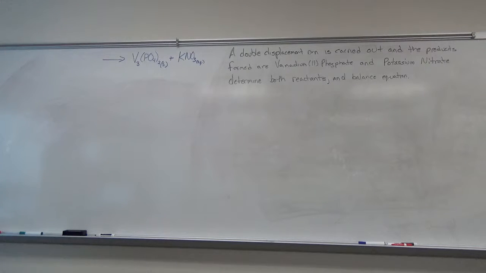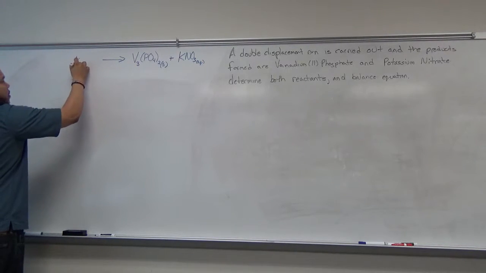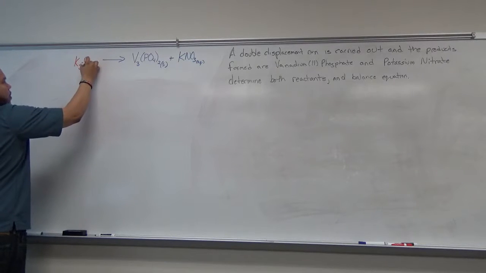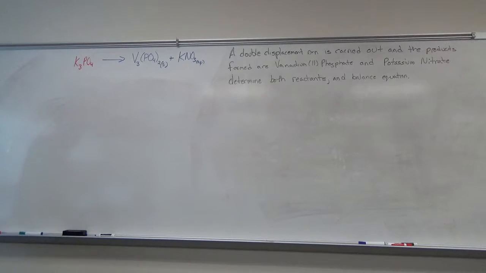So, reactants, what do they have to be? I mean, this is not any different than the forward reaction, right? Going backwards, we have to swap the partners out. So what should our reactants be? K3PO4, potassium phosphate. And V(NO3)2.